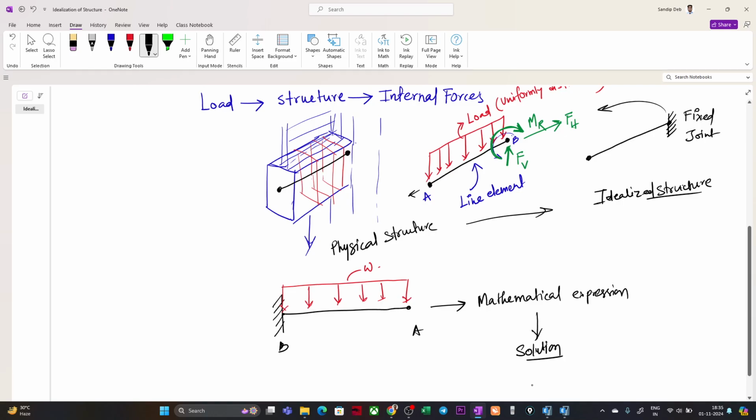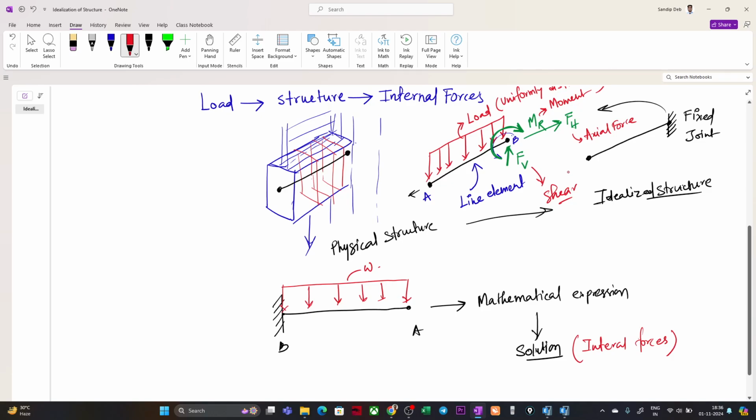Now what do we need actually in this solution? We basically need these internal forces. This FB we call shear. This MR is basically the moment of force, or the moment. This FH is basically the axial force, right?